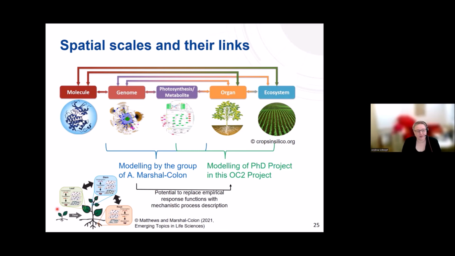The group of Amy comes from the genome level and moves towards the larger scales, for example, photosynthesis and other processes at the cell level, and going to larger scales from there, whereas the focus of our group and of the PhD project in this Open Call 2 project is the organ level, with links to the smaller and larger scales.